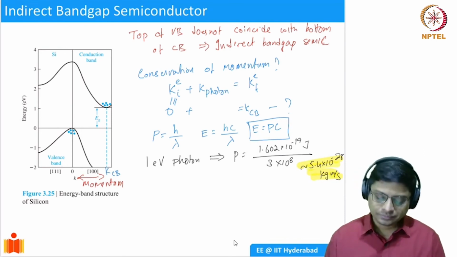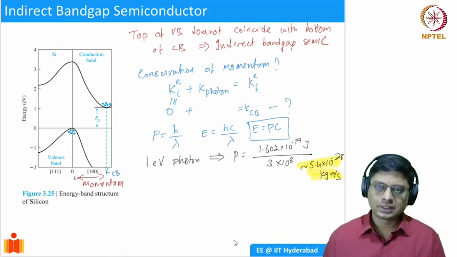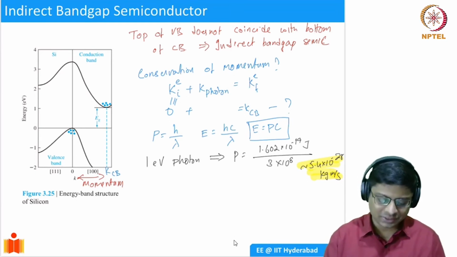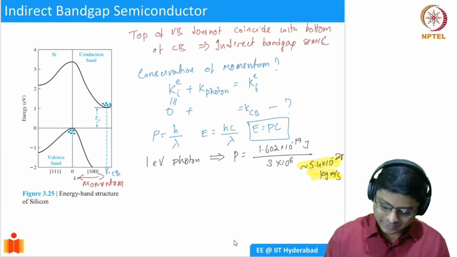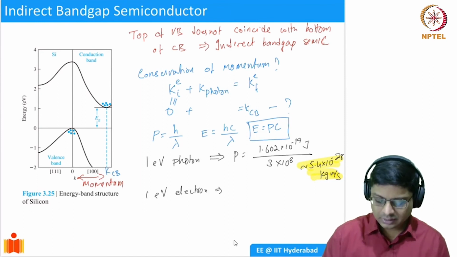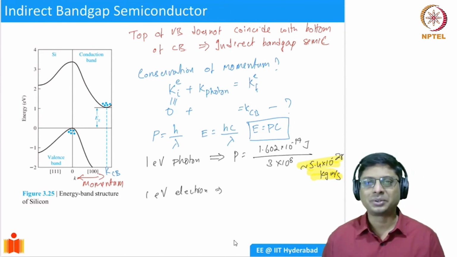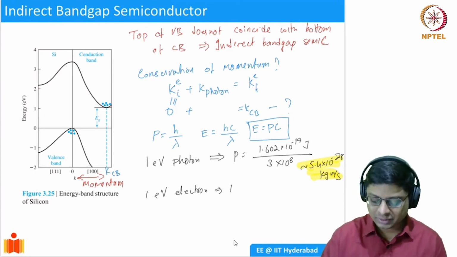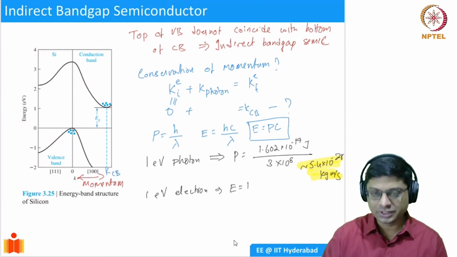But what is the momentum of the electron? Typical momentum, let's say this energy is 1 eV. How do you calculate the momentum of an electron? You could use the de Broglie relation, or we have energy. Remember the dispersion relation, E is equal to P square by 2m.